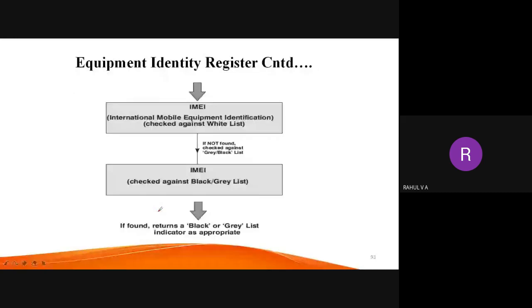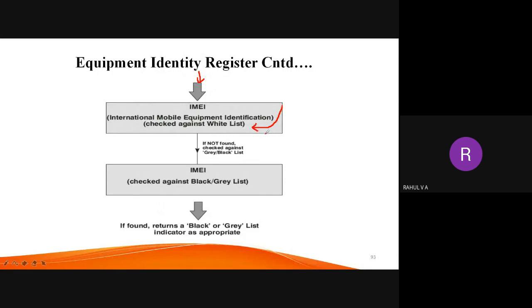You can see that first they will identify the IMEI number, and they will search the entire database, that is, the International Mobile Equipment Identification. First it will check against the whitelist.